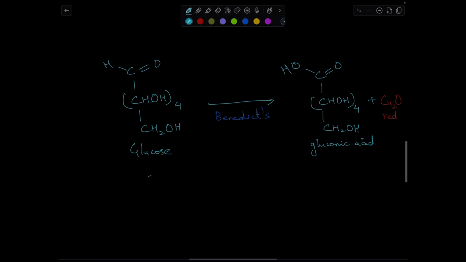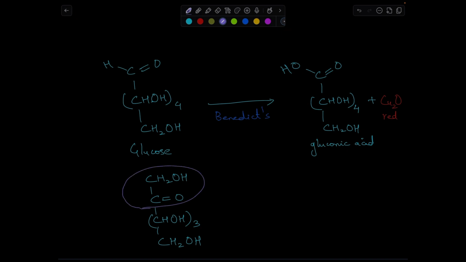Now fructose is this. You can see that fructose is an alpha hydroxy carbonyl because there is an OH group in the adjacent position to the carbonyl, and so it will react with Benedict's reagent to give a red color.